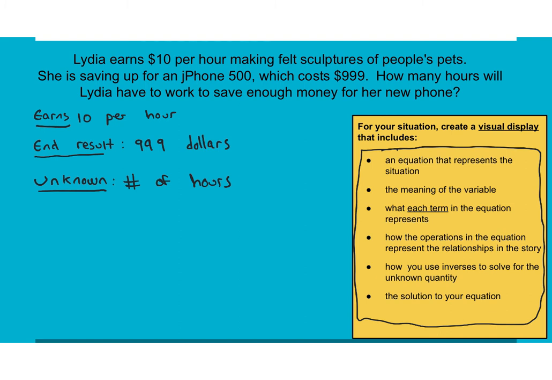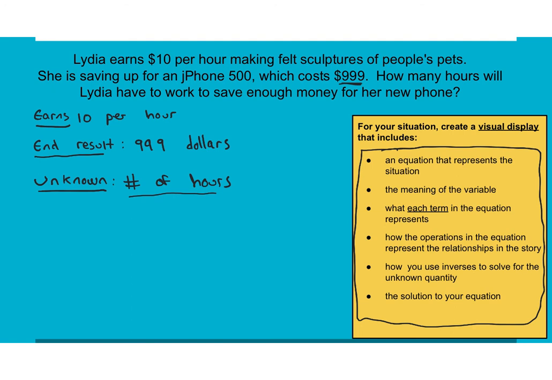All right, so I went ahead and just picked out the pieces of countable data. We know that she is earning $10 per hour. We know that the result, what she wants, is that $999. And we know our unknown is the number of hours she's going to have to work. With this information, I can write an equation.